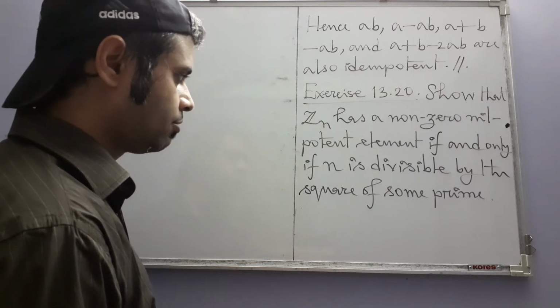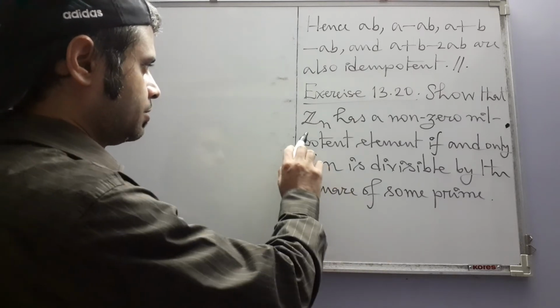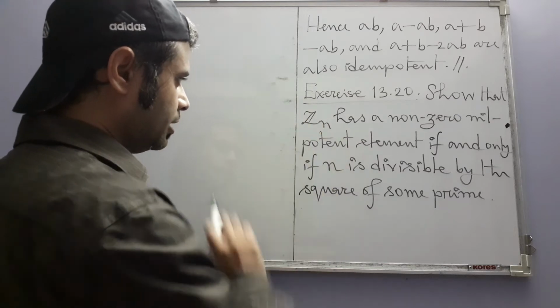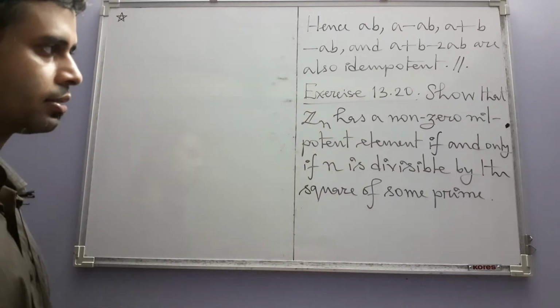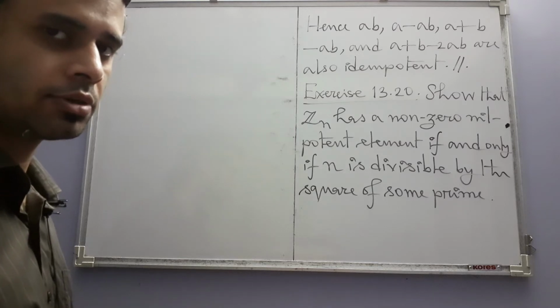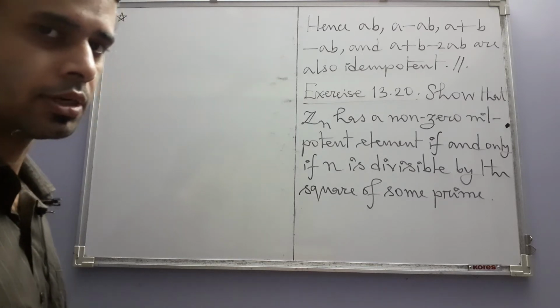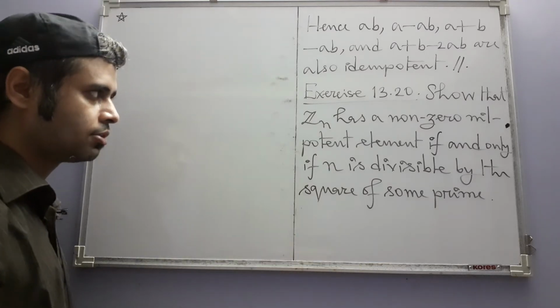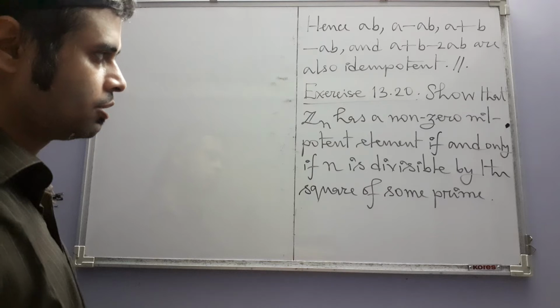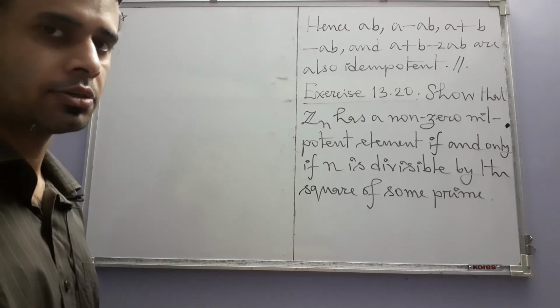Now I don't remember whether this kind of rings have been considered only when n is greater than 1, or the case n equal to 1 has also been considered. So to take into account everything, I am going to assume also the case n equal to 1.